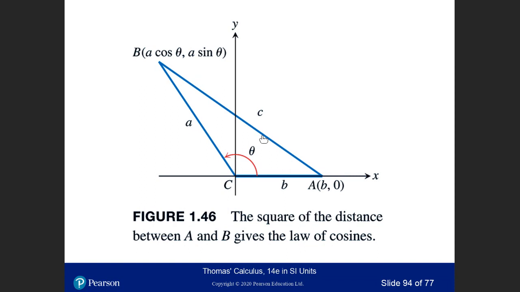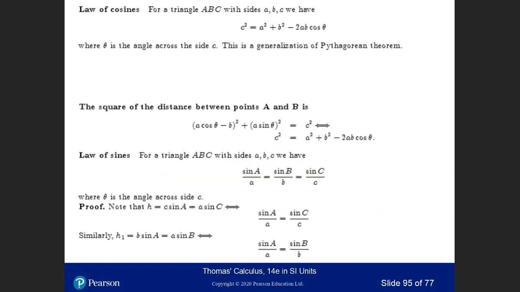So b times sine A is equal to, this is a right triangle also, a sine B. So h1 is b sine A, which is equal to a sine B. So sine A over a is equal to sine B over b.